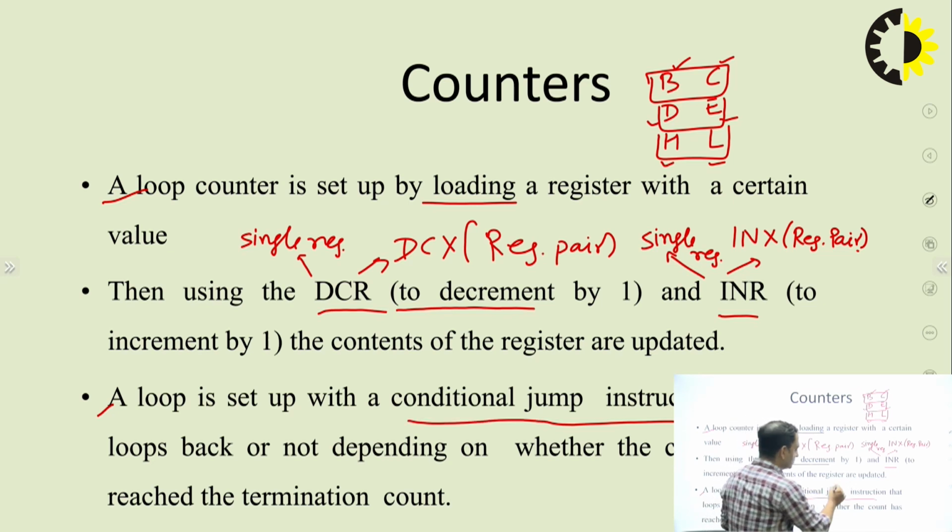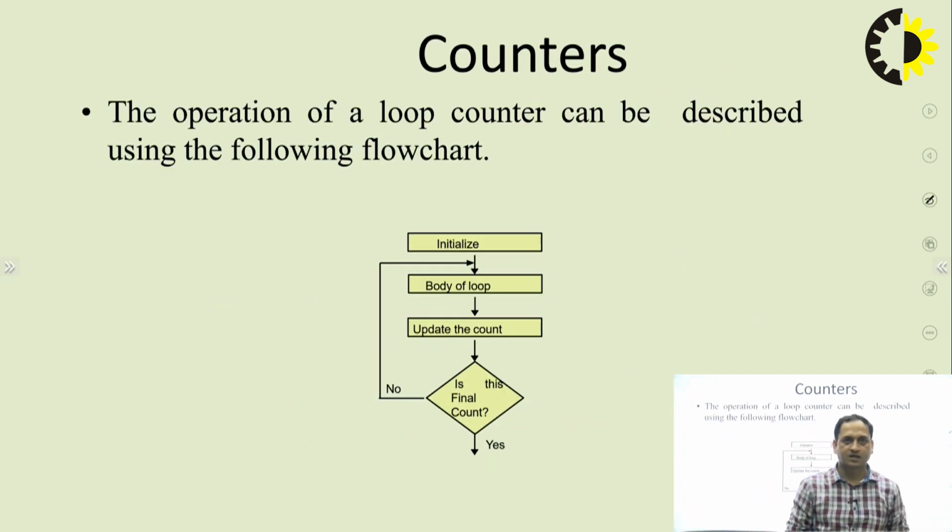Conditional jump instructions are like JNZ. By using this JNZ instruction, the flags will be affected. Then the flow of operation of the loop construct can be described using a flow chart. In that, first we initialize the count value.